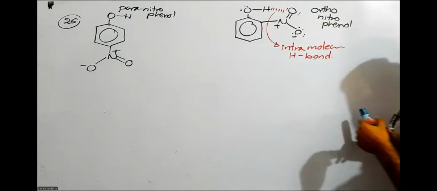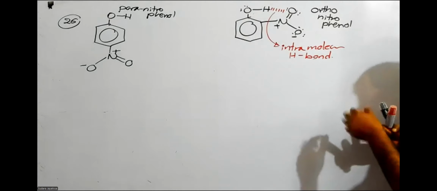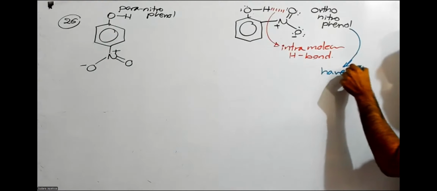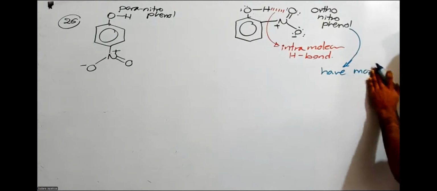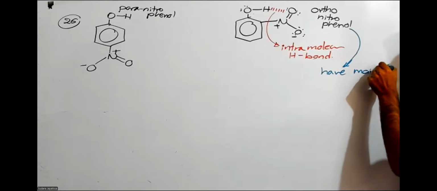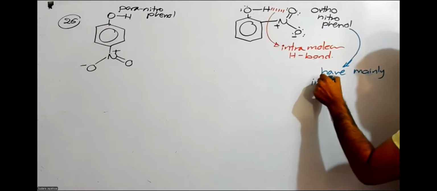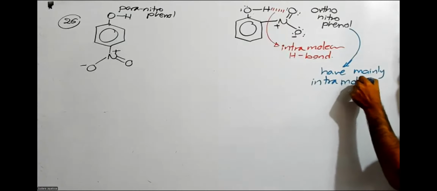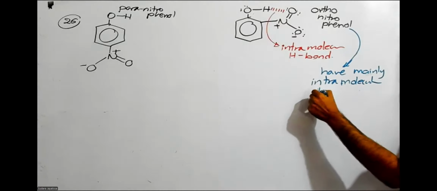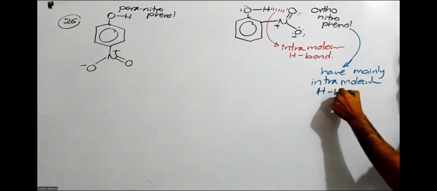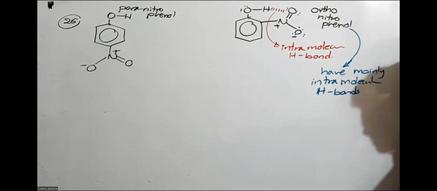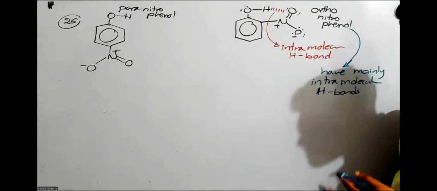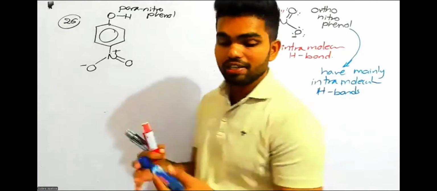So orthonitrophenol is having mainly intramolecular H bonds. Okay, so intramolecular H bonds are not helping to have a higher boiling point.